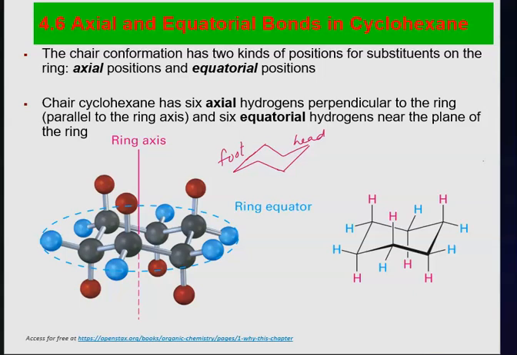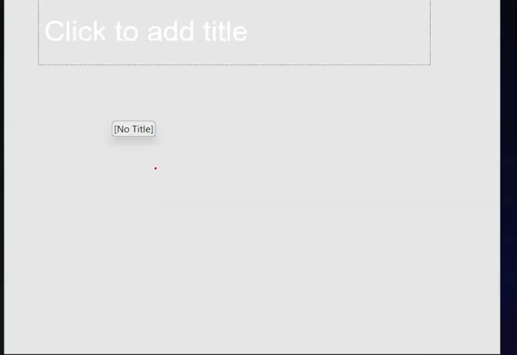In a different slide, here we have the cyclohexane drawn as a chair conformer. I will put all the axial hydrogens in red color.